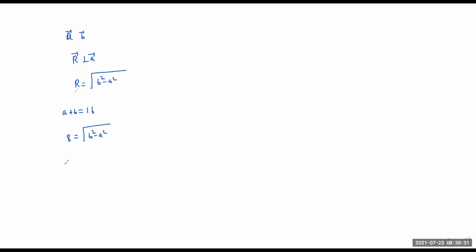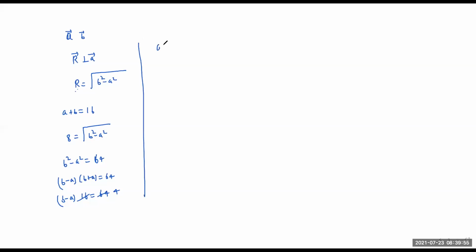Therefore, B square minus A square is equal to 64. This you can write as (B minus A) into (B plus A) equals 64. But we know that B plus A is 16. If we solve, we get B minus A is 4.